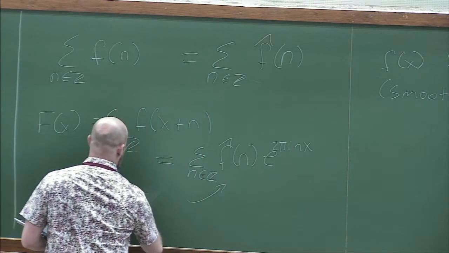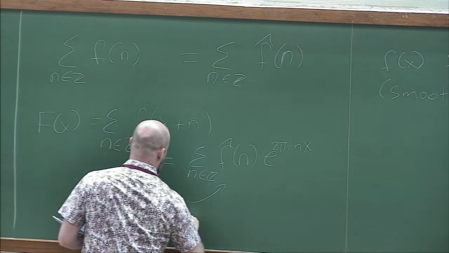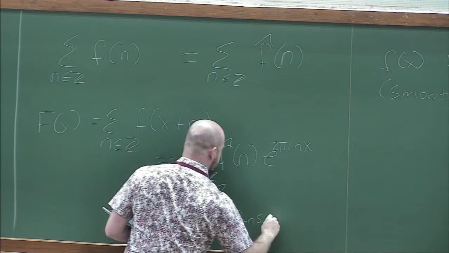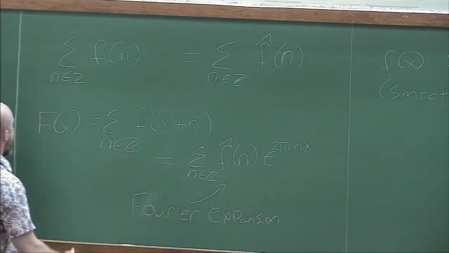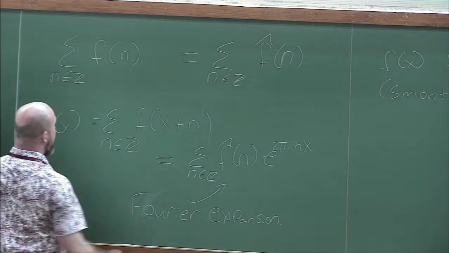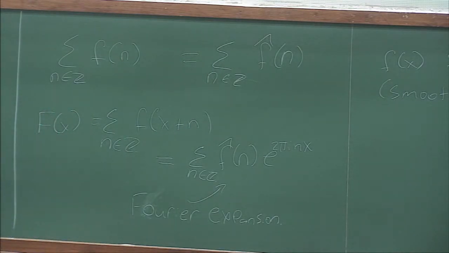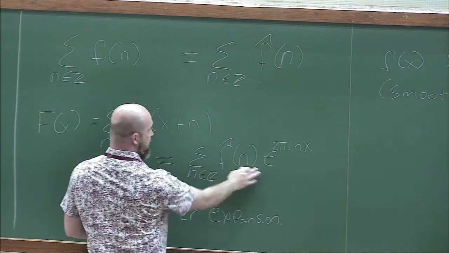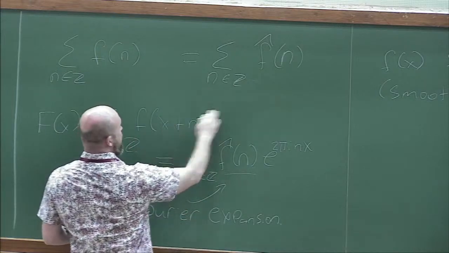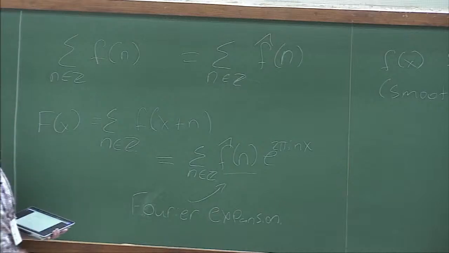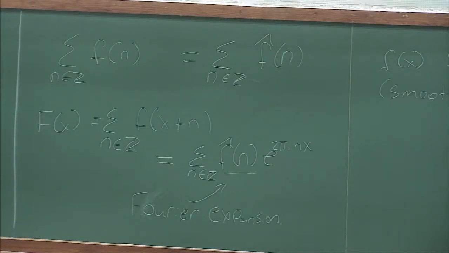Okay? And so if I have my function F of x, I know that I can write it as a sum over my integers in a way like this. But what this tells me is that these Fourier coefficients of this Fourier expansion are just the Fourier transforms of my kernel function, my seed here.